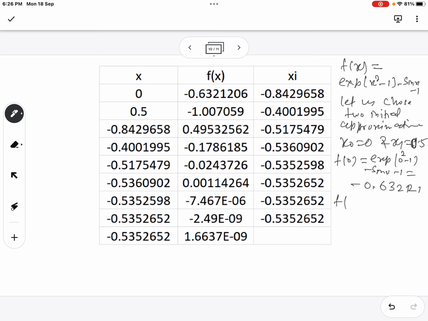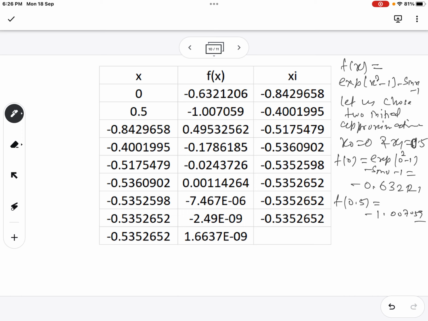At x equal to 0.5, the value comes out to be equal to minus 1.00759.